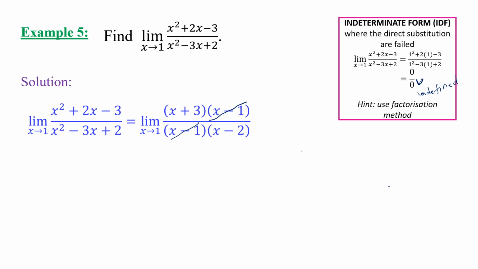Therefore, we can cancel out x minus 1, and what we are left with is the limit as x approaches 1 of (x plus 3) over (x minus 2). Once again, we use direct substitution: we substitute x equal to 1 and we get negative 4. It means that when the value of x approaches 1, the function approaches negative 4.